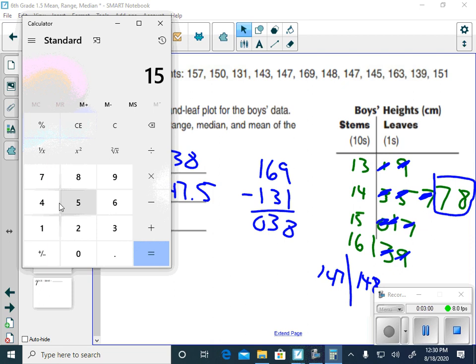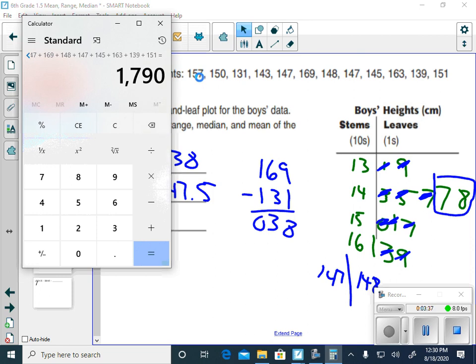So we have 157 plus 150 plus 131 plus 143 plus 147 plus 169 plus 148 plus 147 plus 145 plus 163 plus 139 plus 151 equals.